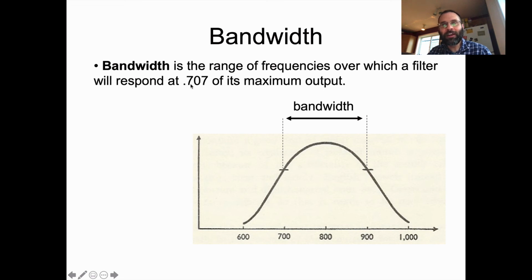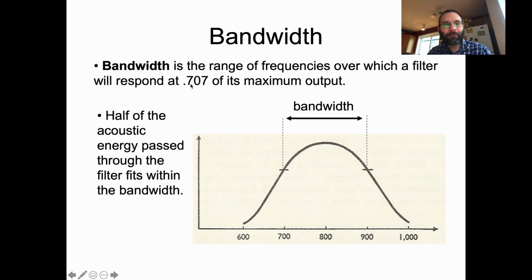Or if you think about that in a different way, it's the square root of 1/2. And if you recall from 341, this isn't crucial, but our definition of acoustic power was the square of the waveform, basically, the square of the intensity. So you're basically looking for the spots where you get half of the acoustic energy passed through the filter.